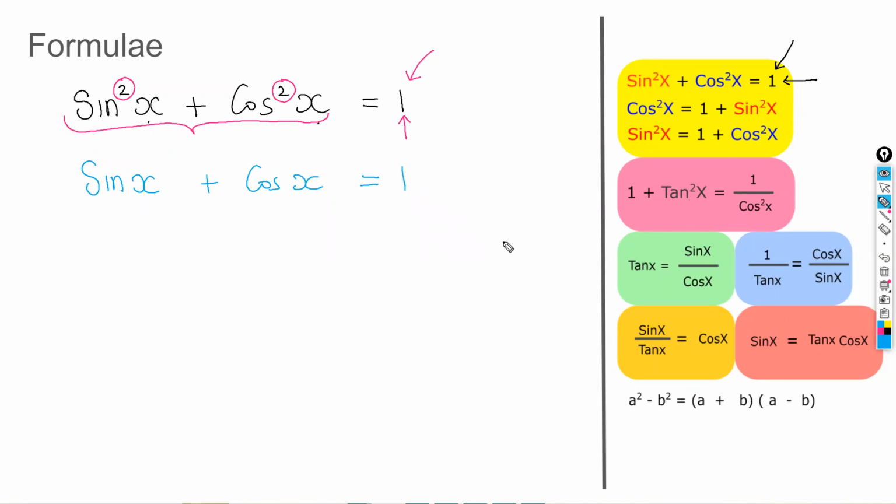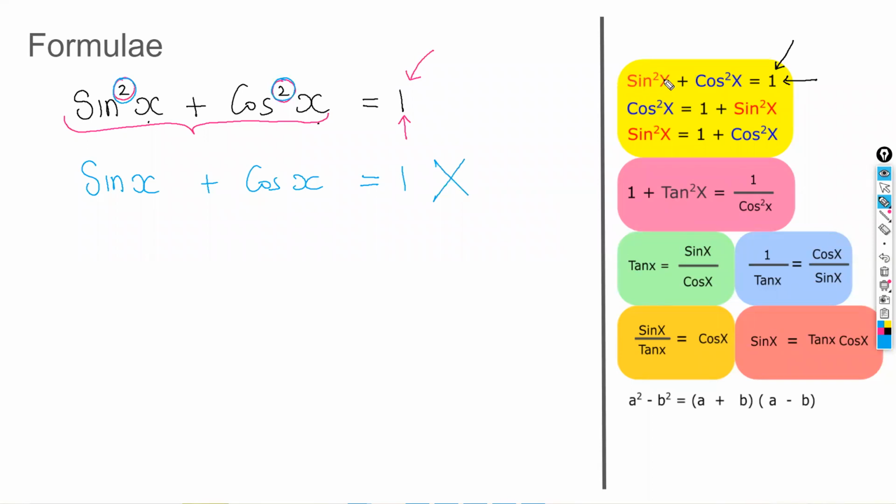Do you all think that's okay? If you saw sine x plus cos x, is it okay to throw that expression away and replace it with 1? Right, the answer is no. I know it resembles the squared, but it only works when it has a squared.